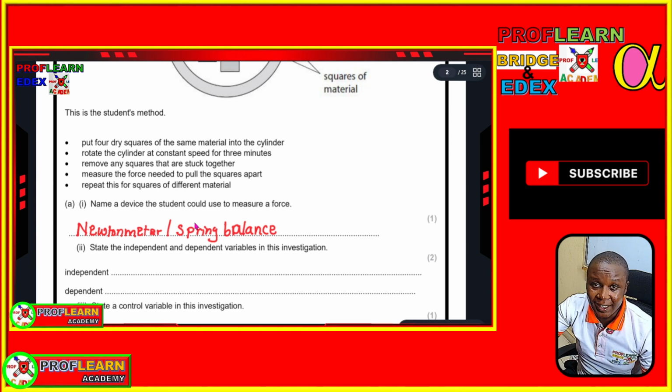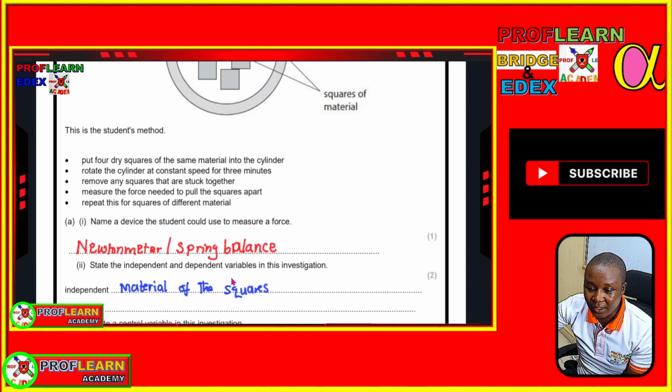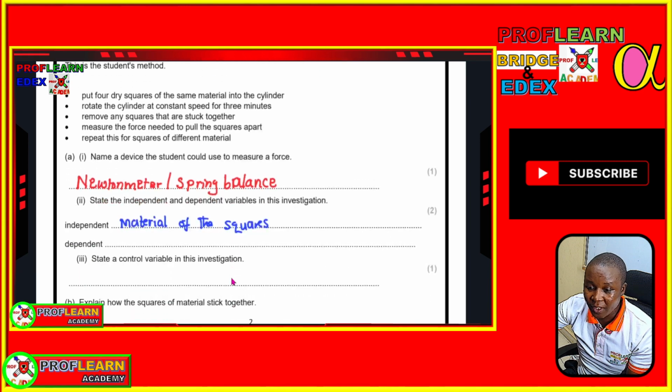You need to understand that the independent variable is what you are changing, and what you are measuring is called the dependent variable. So in this case, the material of the squares is the independent variable, and the force experienced is what we call the dependent variable.